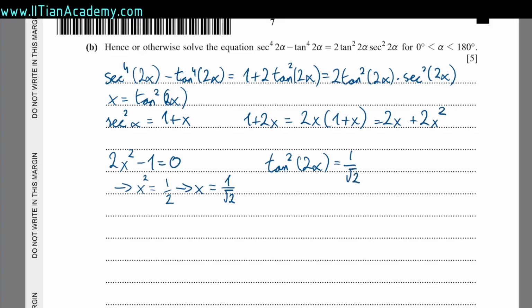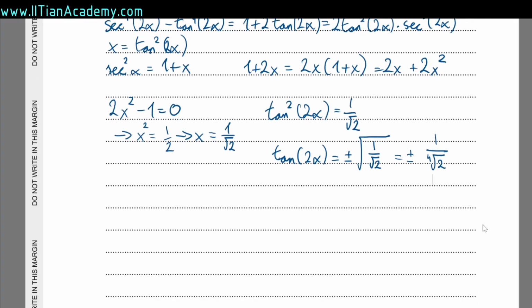So if we take the square root of this again, then we get that the tangent of 2 alpha is going to be plus or minus the square root of 1 over root 2. That's basically saying 1 over the fourth root of 2.